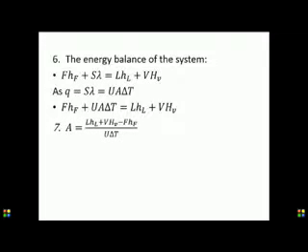By rearranging the equation in terms of heat transfer area, the equation will finally be A equals LHL plus VHV minus FHF over UΔT, where the values of HF, HL, HV and U can be found in the steam table, and we assume the value of ΔT is 10 degrees Celsius. Therefore, by substituting all the values into the equation, we can get the value of heat transfer area A.